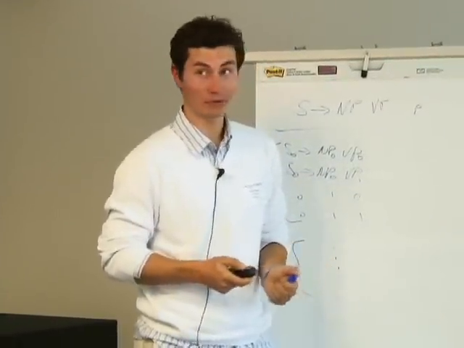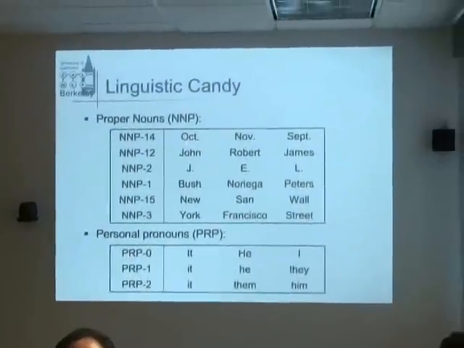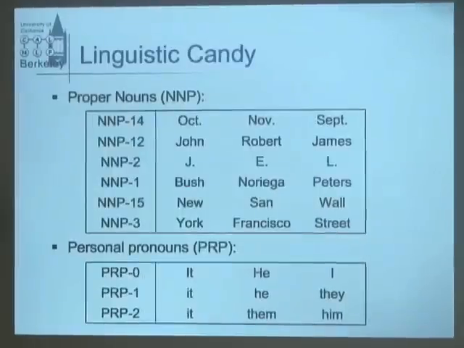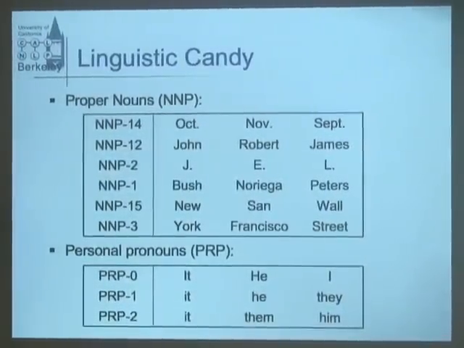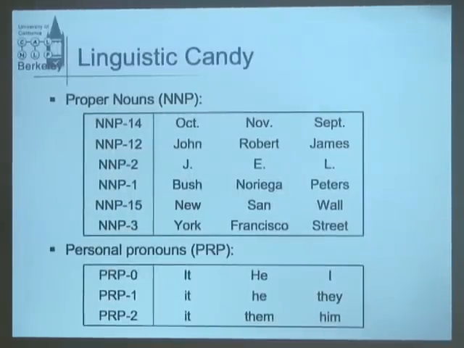So some examples of what is being learned. For proper nouns, we observe things like months, first names, middle names, last names, then what goes first and second in compounds. For the personal pronouns, we learn casing. We have some nominative and some accusative personal pronouns.